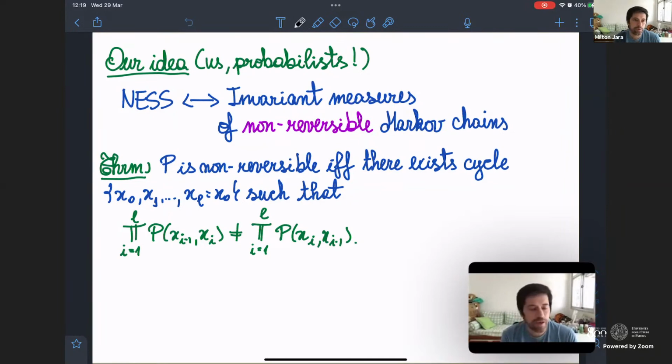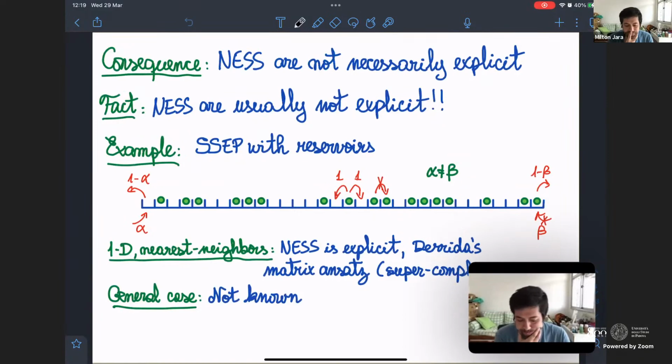Of course, up to here we haven't really advanced anything in terms of the problem itself, but at least now we can state a mathematically meaningful question that, in some sense, is related to the more applied or more realistic question of non-equilibrium stationary states in physical or biological systems. As I was saying, this theorem about cycles tells you that we can identify whether a system is non-reversible without really knowing its invariant measure, which is a very nice thing.